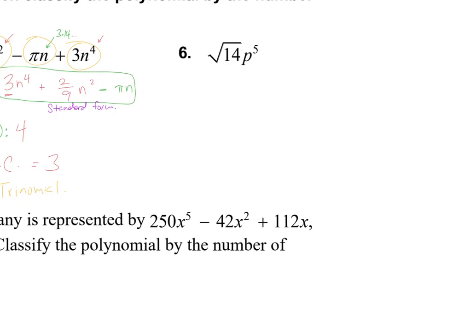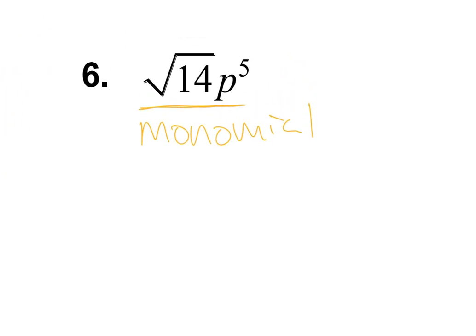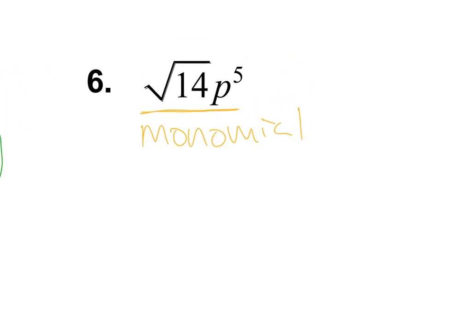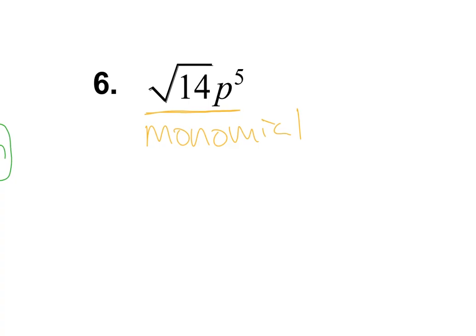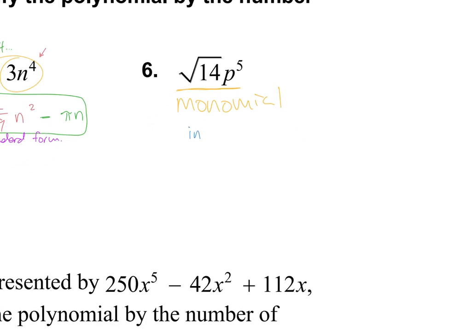Right here, since it's on my mind, I'm going to go ahead and say this is a monomial because it is 1 term. If there was like a plus 2, then all of a sudden this would become a binomial because there'd be 2 terms, but no, not this one. Now, it's in standard form, so I'm just going to state that in standard form, because there are no other terms.